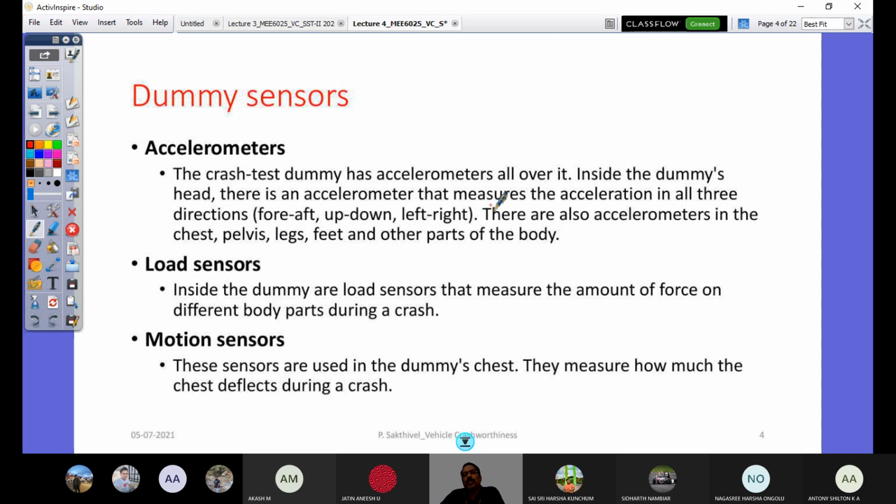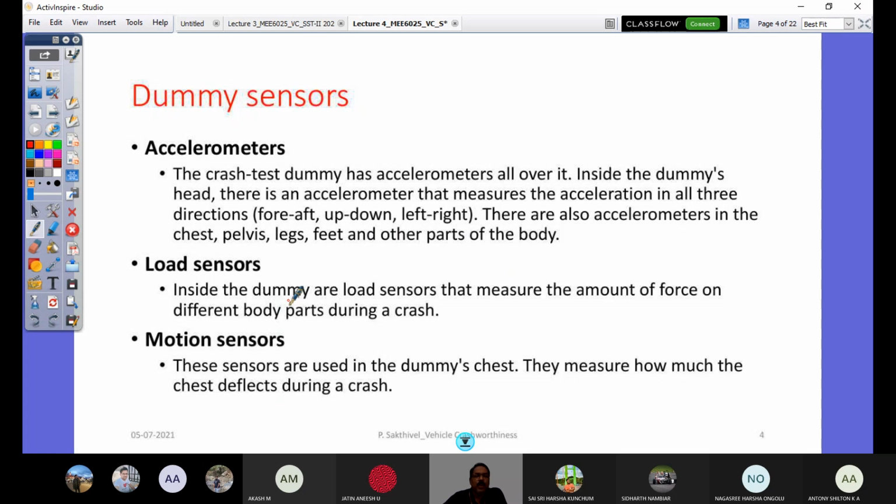These accelerometers give you the real-time acceleration history experienced by the dummy during the full frontal barrier crash test, or if these dummies are used in other types of tests, showing the human response in these very complex, severe accident scenarios.